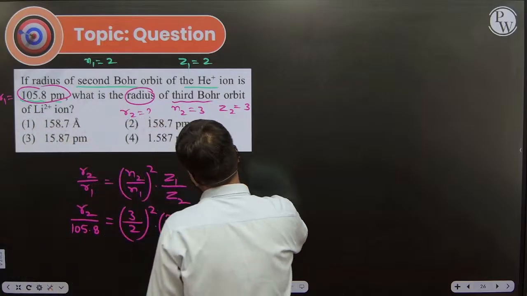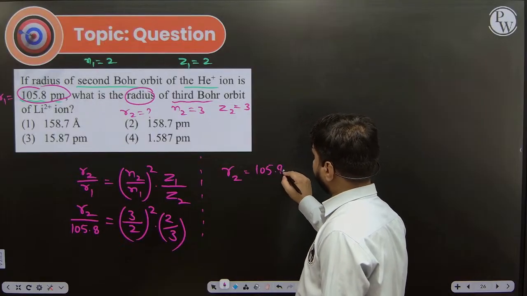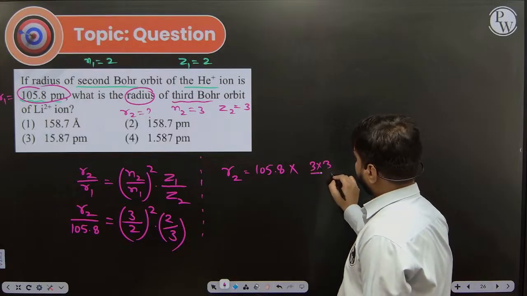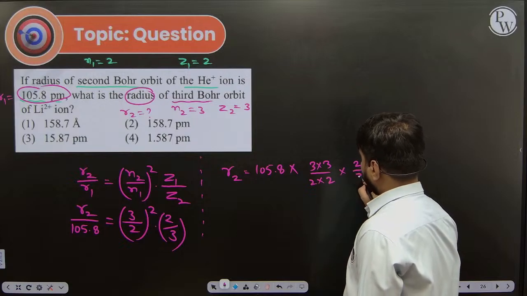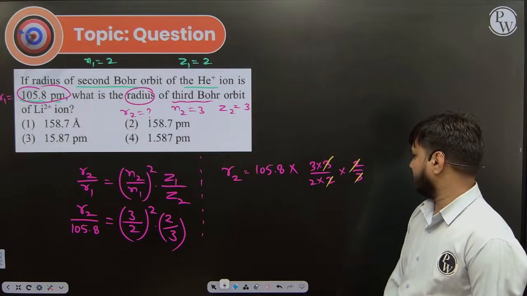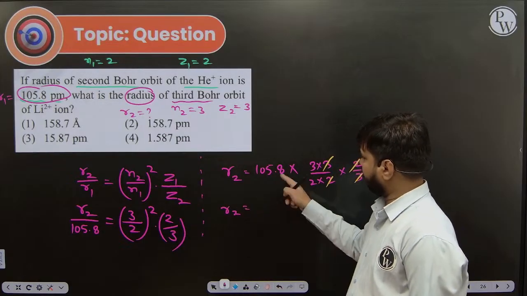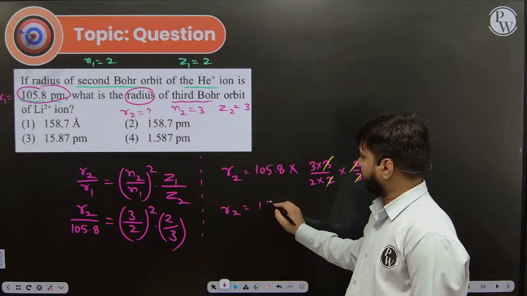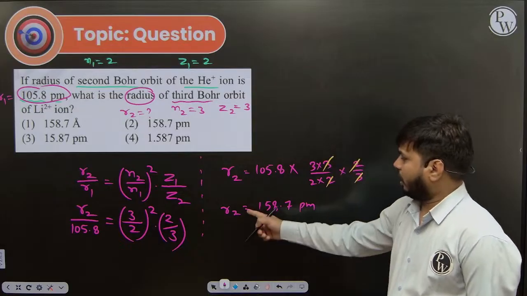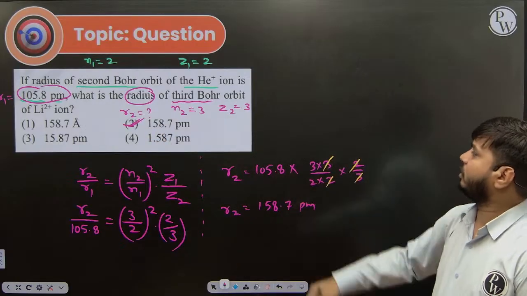R2 is equal to 105.8 multiplied with 3 by 2 squared into 2 by 3. Now you can cancel out the things: 3 and 3 cancel, and 2 and 2 cancel. When you solve 105.8 into 3 by 2, you will get 158.7 picometer. So R2 is 158.7 picometer. So the answer is our option number.